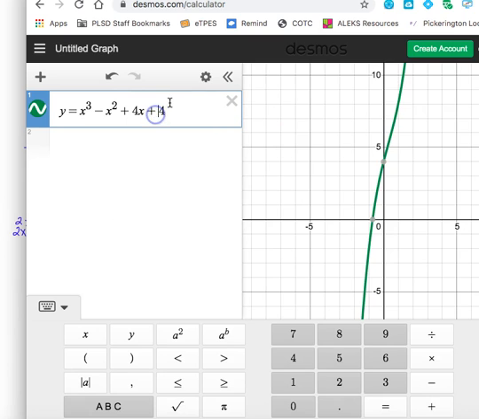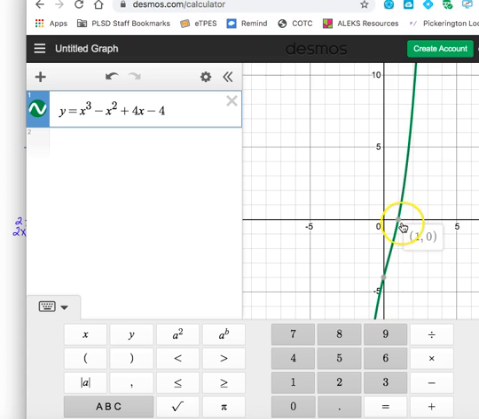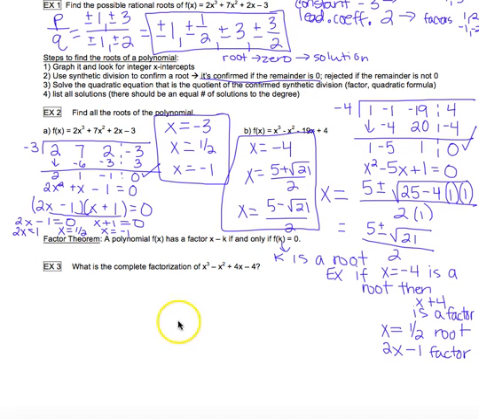Yes. So change this guy to a minus. All right, and so I can see here my very skinny cubic only crosses the x-axis once. That's okay, because that 1 does happen to be an integer for us. So x equals 1 is my root.